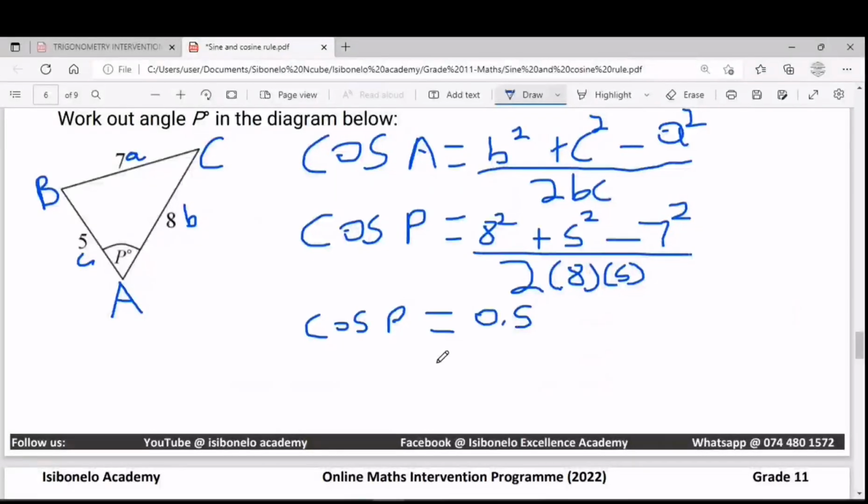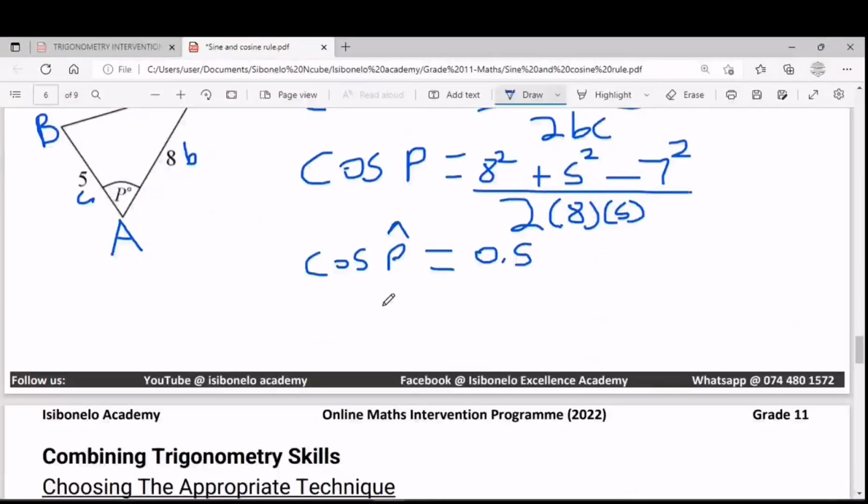Now sifuna u-angle P, so sifuna this angle P. So kuzomela simxoshe cos, ukuze simxoshe cos sisebenzisa i-inverse yakhe. So ukuze sisale no angle P, sizoba ne-inverse cos, cos exponent -1 into 0.5.